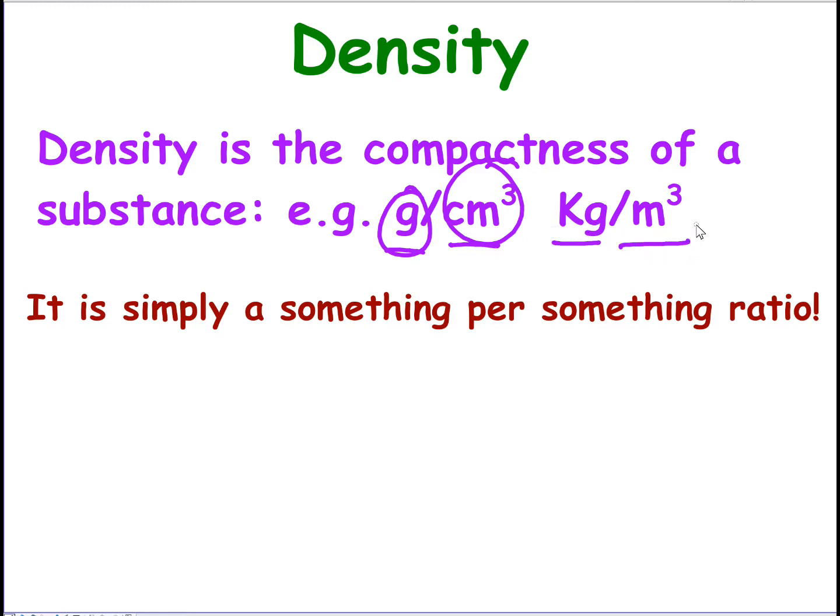You don't have to worry, because on one side of your ratio you've got grams, and on the other side, the per side, you've got centimetres cubed, or you've got kilograms and metres cubed. So it is simply a something per something ratio.